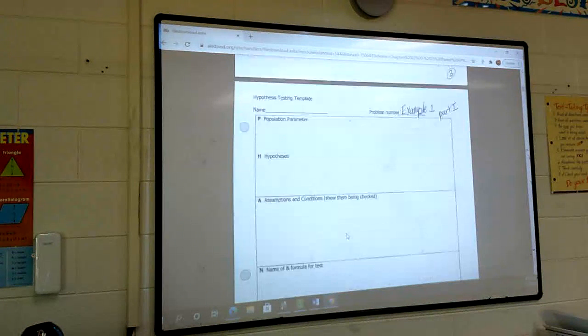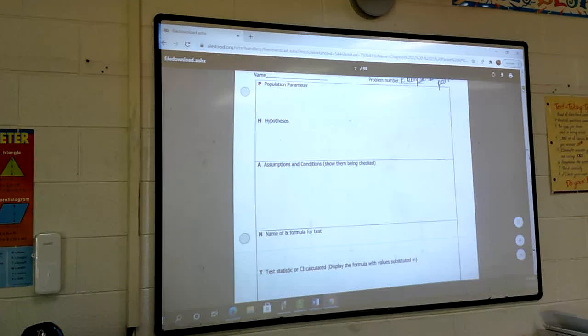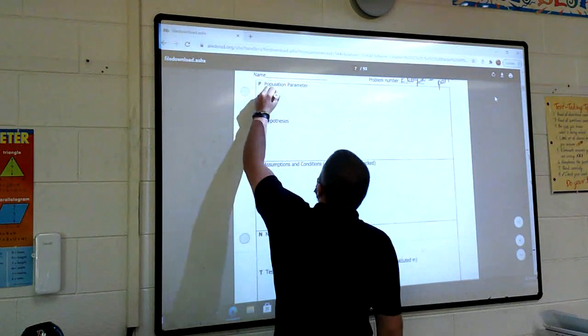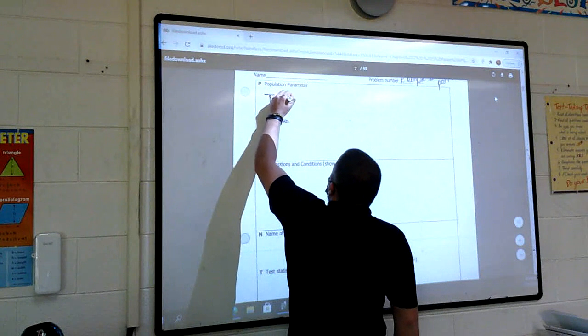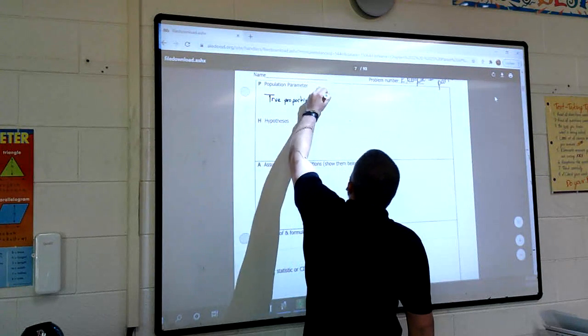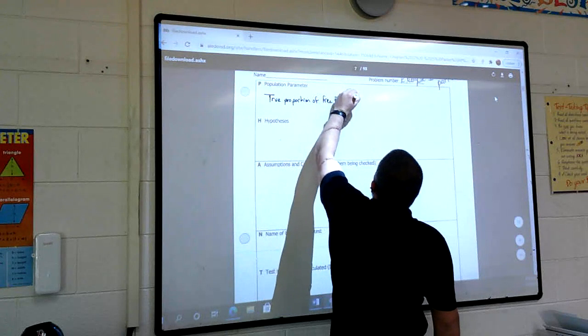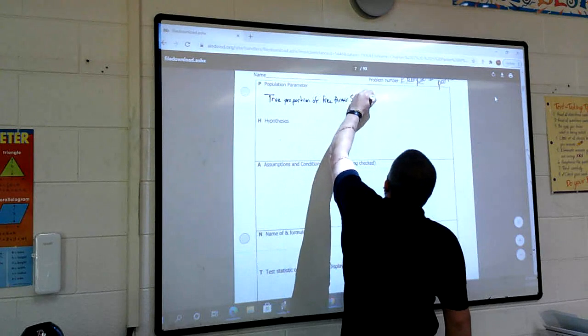So first is the population parameter. So the parameter of interest is the true proportion of free throws Shaq makes, right?